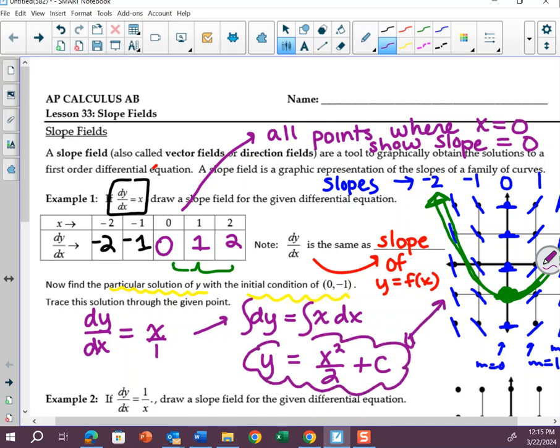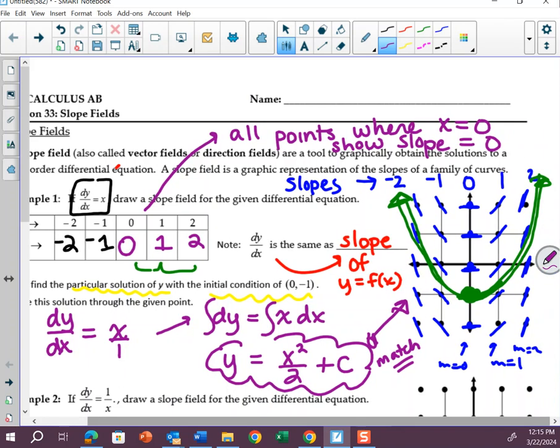So what I got solving and what I got through sketching my slope field kind of match. My slope field sketch says I think this differential equation represents a group of parabolas, which happen to be written as x squareds.